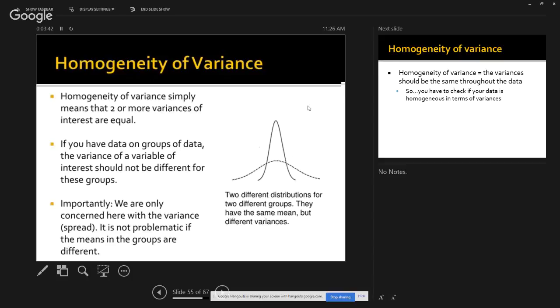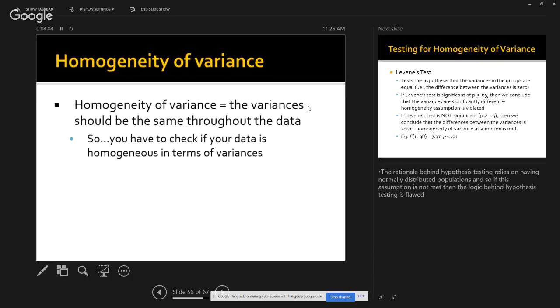Their standard errors, their variance are very different, aren't they? Look at the spread. This would be a very large standard error. This is a very small standard error. Okay, so we need to statistically test if these variances are the same. So that's an assumption. You have to check for homogeneity of variance.